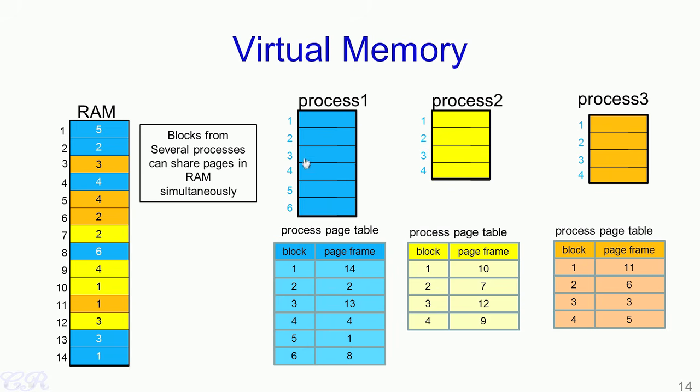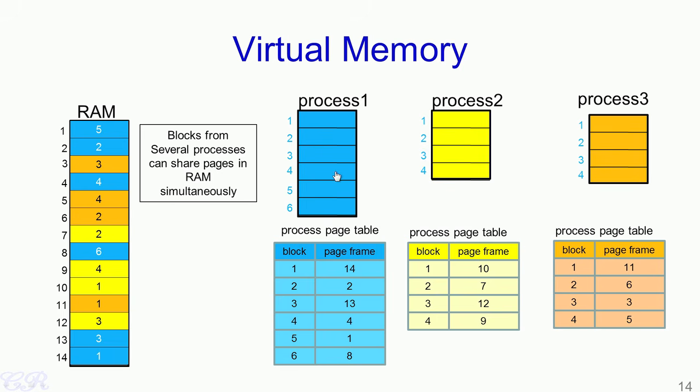So, when process 1 is executing in the CPU, this particular process page table will be the active page table. Therefore, any instruction or data which is loaded or stored will look up this process page table to get the corresponding page frame in RAM.